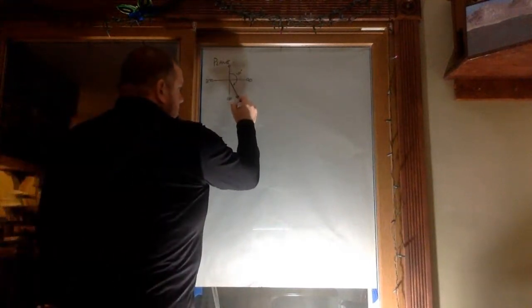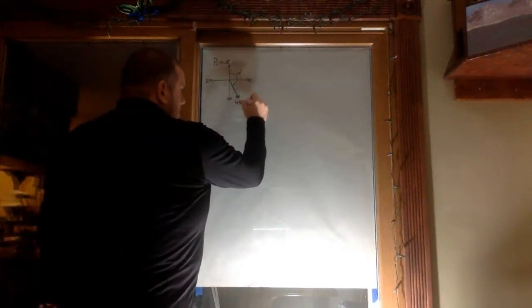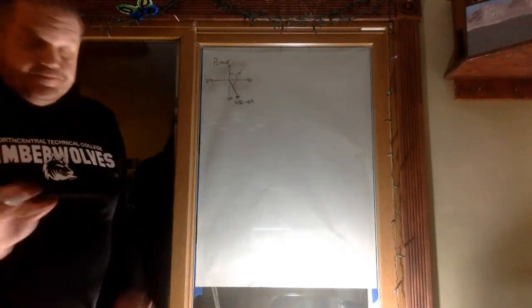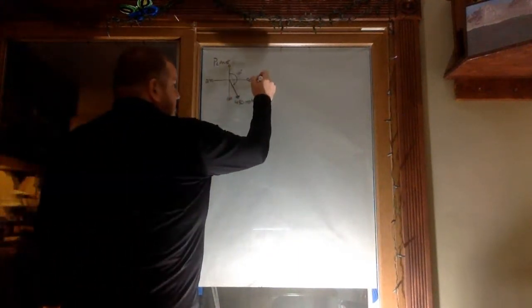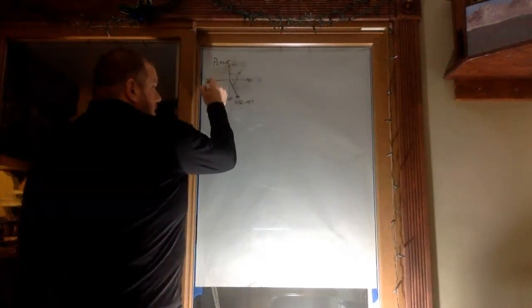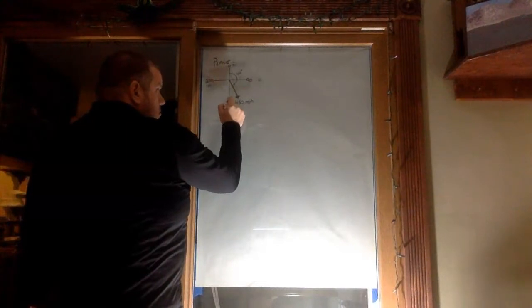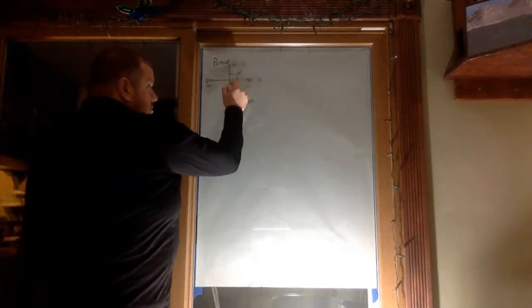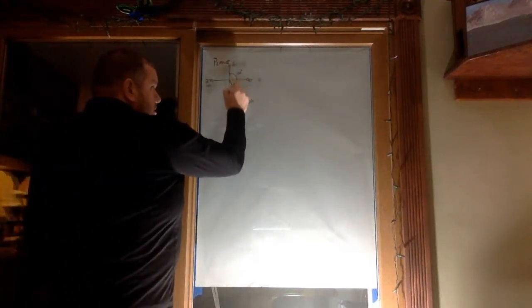Now, trig has 0 out here, 90 up top, 180 out to the left, and 270 down below. So if this is 150 degrees, that leaves me with 30 degrees in there.